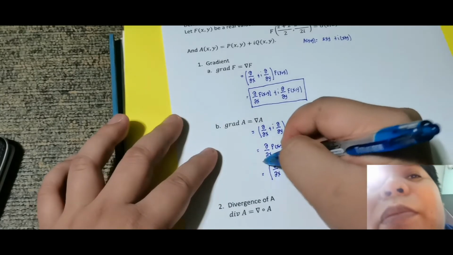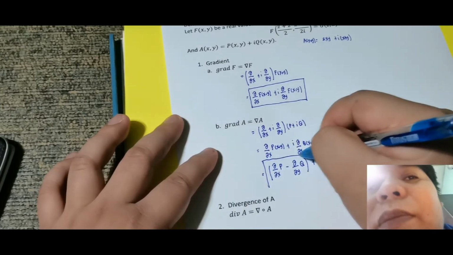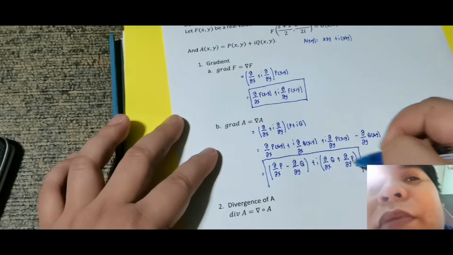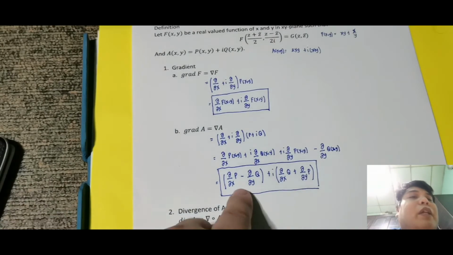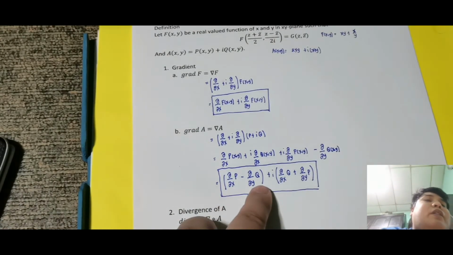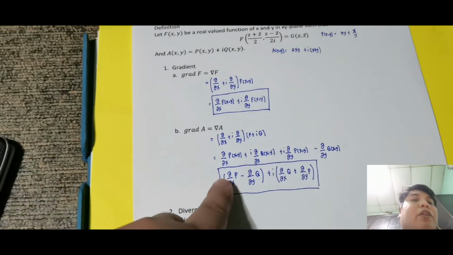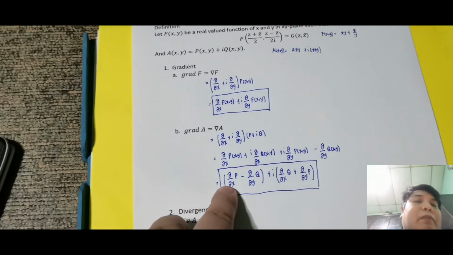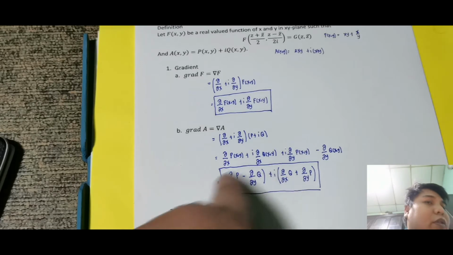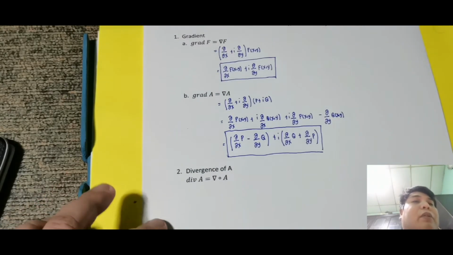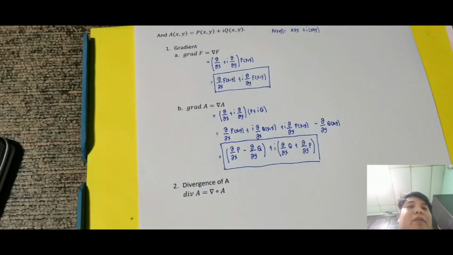Okay, so therefore ito yung formula pag gradient naman ng complex valued function. So anong gagawin? Kukunin ko lang yung real part na p, tapos yung imaginary part na q. Ang gagawin ko una, kunin ko yung partial derivative niya with respect sa x ng p. Kunin ko rin yung partial derivative niya with respect sa y. Ganyan yung pwestuhan. Ngayon yung magiging formula. Okay, so that is all about gradient pa lang.